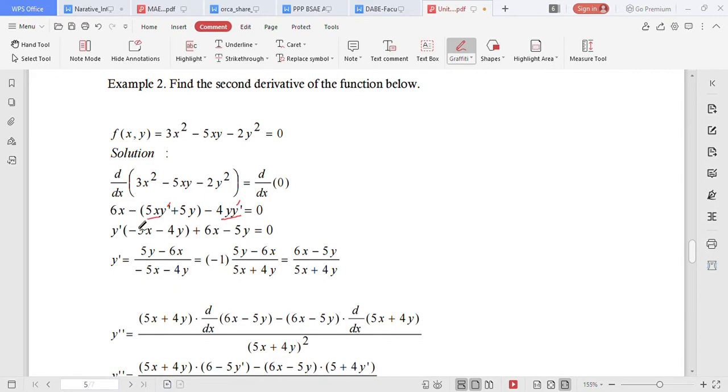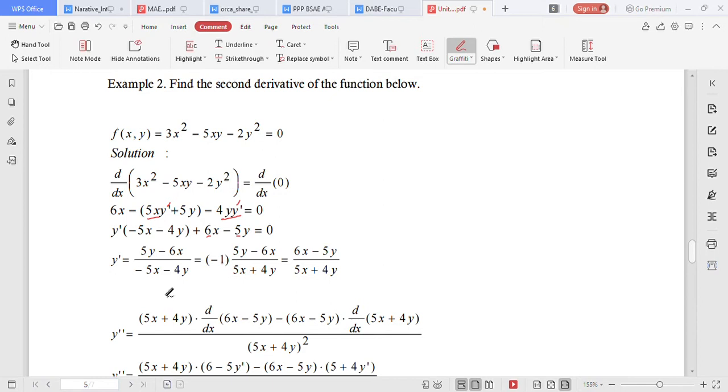So we distribute the negative sign here; that is why this is already a minus. And so we get our y prime by transposing all these terms to the right and dividing all over negative 5x minus 4y. So we have our y prime as 5y minus 6x all over negative 5x minus 4y.